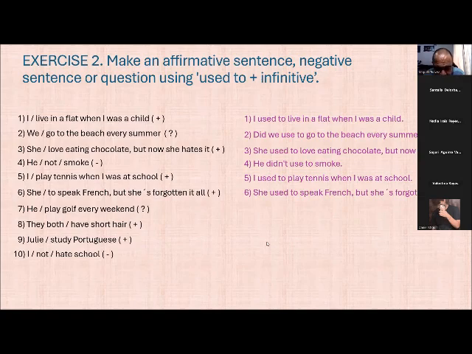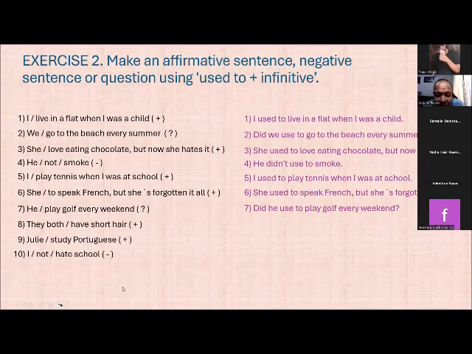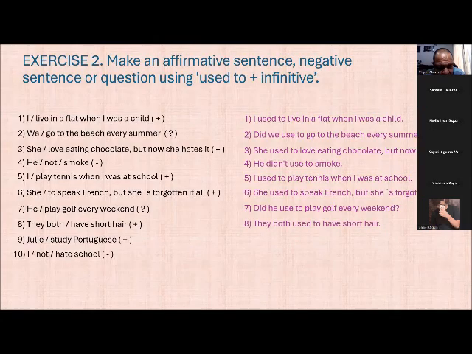Yes, it is right. Okay, did she use to play golf every weekend? You're right, thank you. Okay, number 8. Please, Daniel. They both used to have short hair. Yes, you're right.